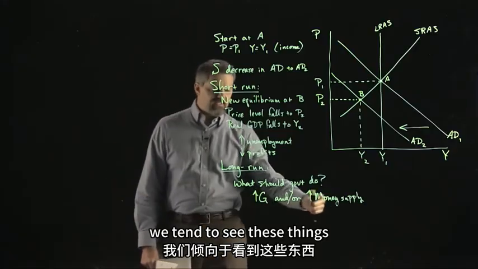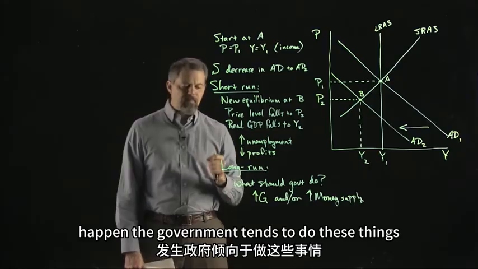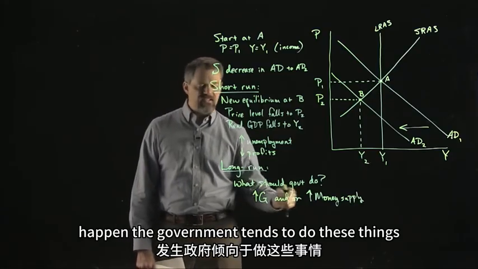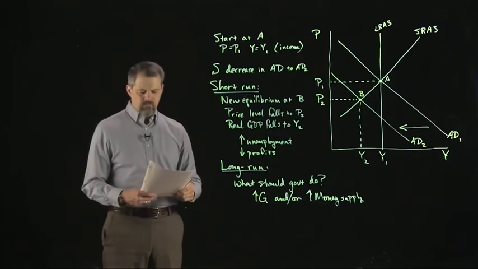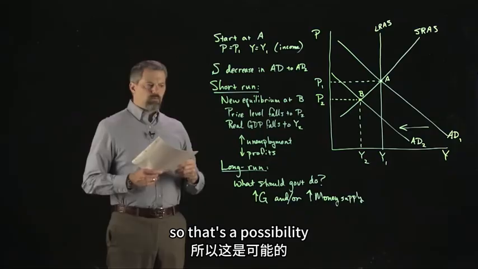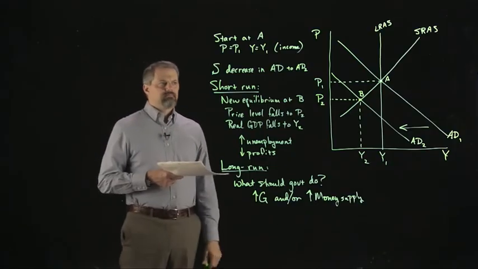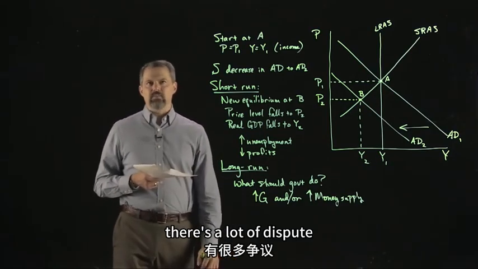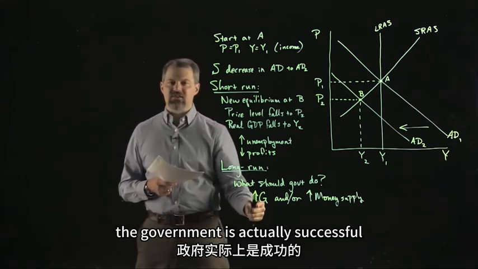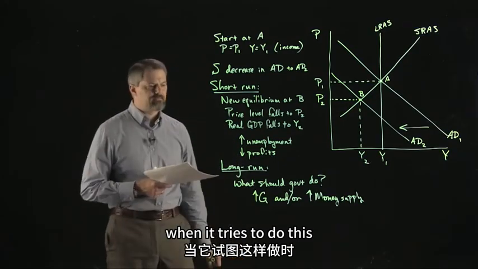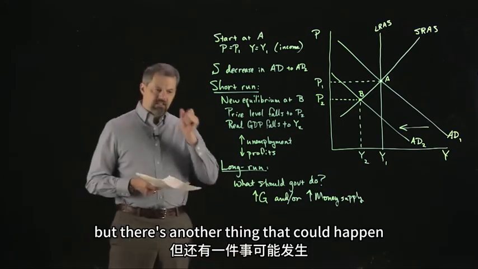And we tend to see these things happen. The government tends to do these things during periods of recession. So that's a possibility. There's a lot of dispute amongst economists as to whether or not the government is actually successful when it tries to do this. But there's another thing that could happen.